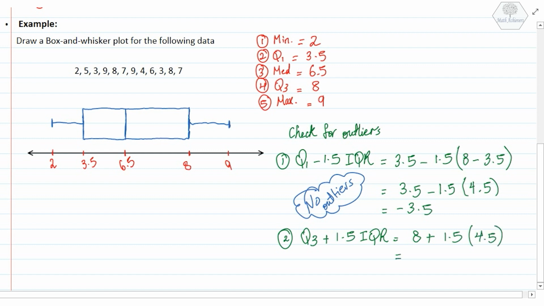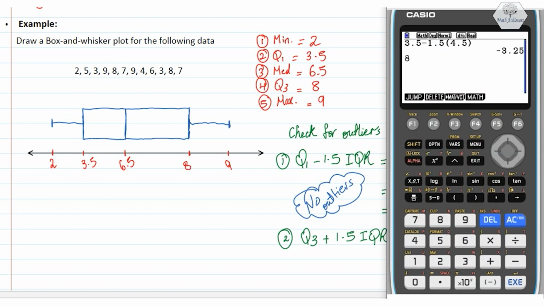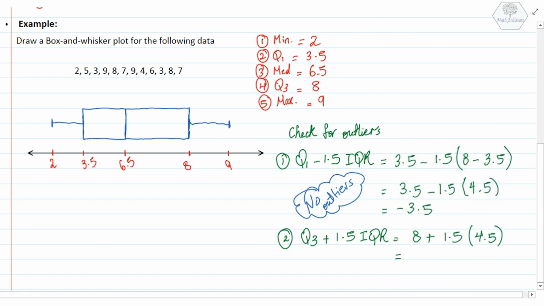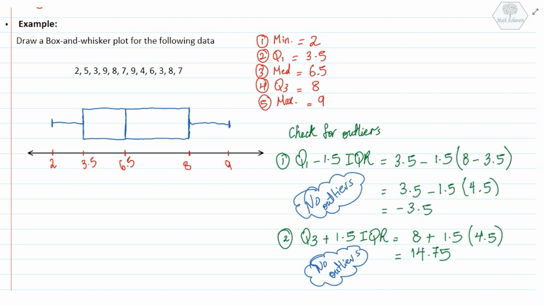This value is equal to 14.75. Also, we don't have any value which is greater than 14.75. So also at this end, there are no outliers. So after checking for outliers, we have no outliers.